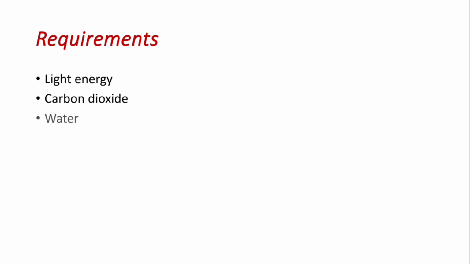All right. Water, H2O. It is another requirement for photosynthesis to take place. And finally, chlorophyll. Chlorophyll is another requirement for photosynthesis to take place. So water comes from the soil, okay? So that is why we water our plants, because that water is needed by the plant for it to make its own food.